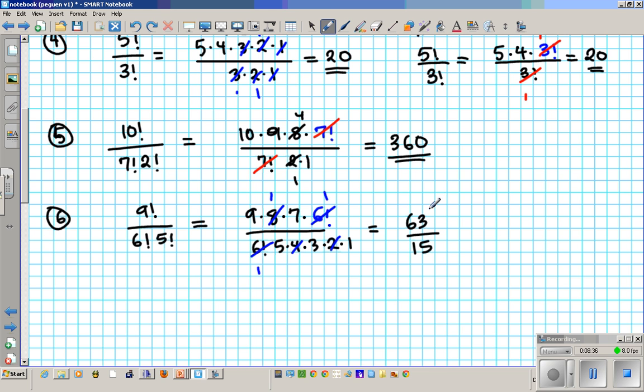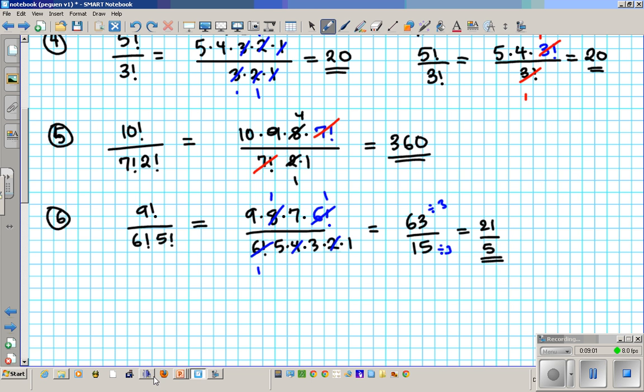If I divide both of them by 3, I'm going to have 21 over 5. Okay? 21 over 5, and there goes your final answer, 21 over 5. So that's like 4.2 basically.